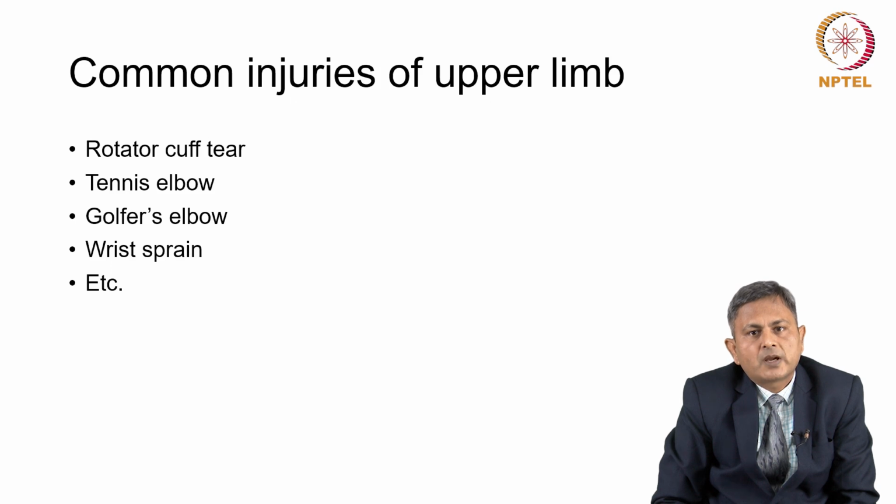Then comes the tennis elbow. Tennis elbow is also known as common extensor tendinitis, and golfer's elbow is common flexor tendinitis. In common extensor tendinitis, the extension movement of our wrist joint becomes painful and the pain comes just around the elbow.